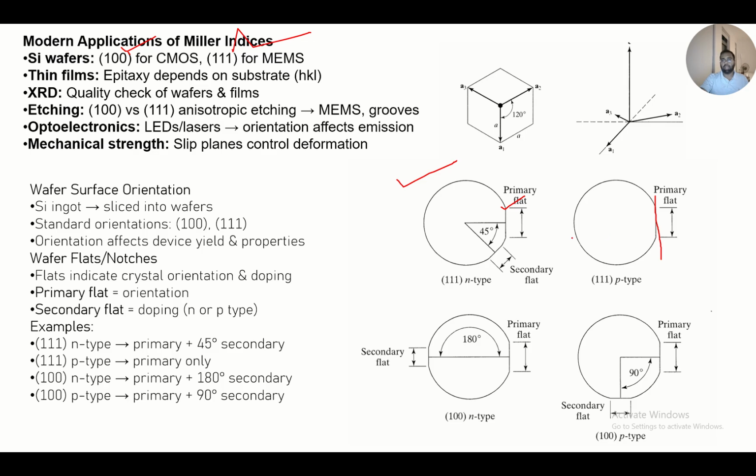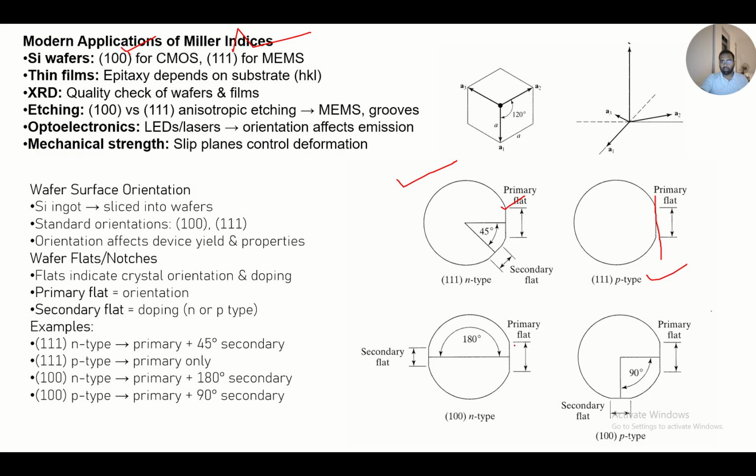And if you have a cut at 45 degrees, with only one cut, that is a primary flat, you will represent it as 111 p type. And if you have two cuts, one at the primary flat and another cut at 45 degrees, now you will call it 111 n type.